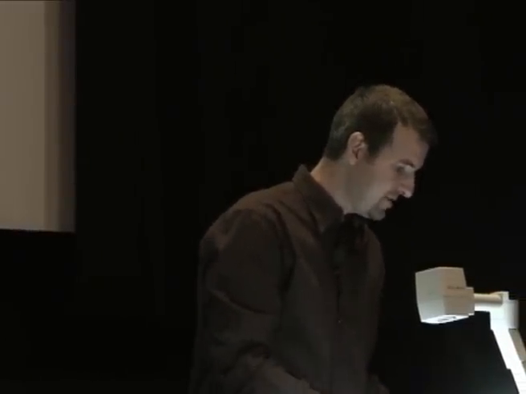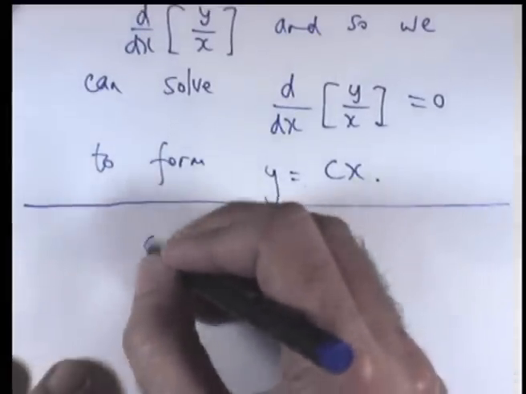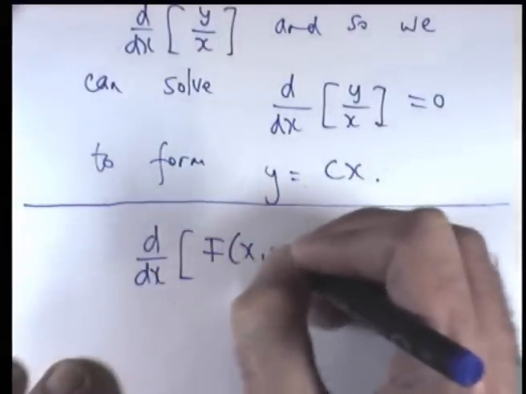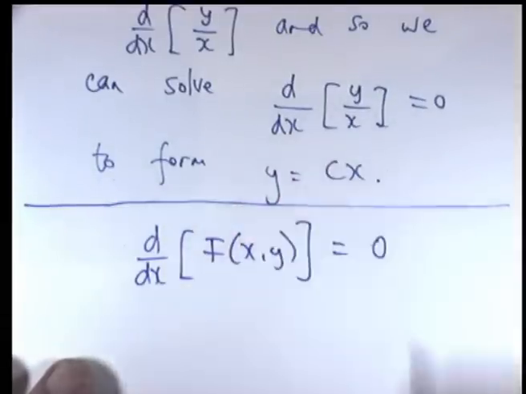A couple of questions that I want to leave you with. The first thing is, can I develop this further? For example, can I get a differential equation down to something like this? Zero is just here for convenience.